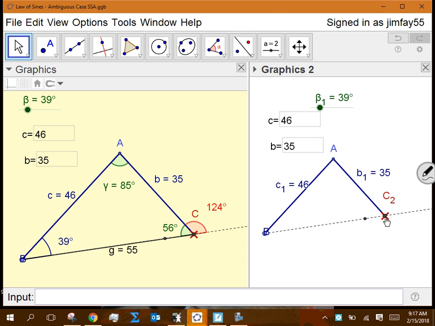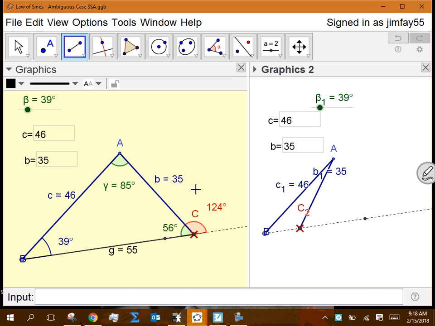However, if I keep moving C2, now I'm not creating a triangle, right? This point has to be on that ray. But at that stage right there, we do end up creating that triangle. Okay? Is that all right with everybody?